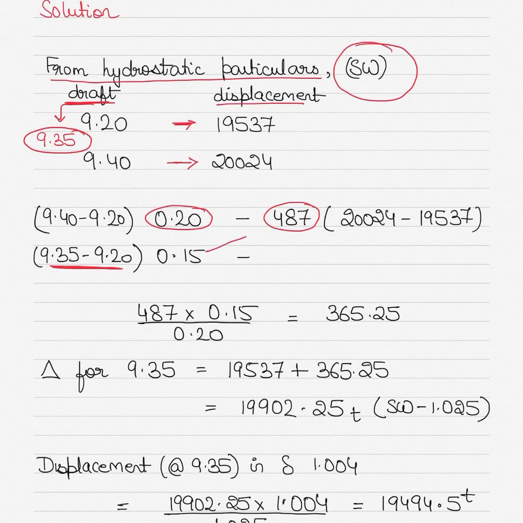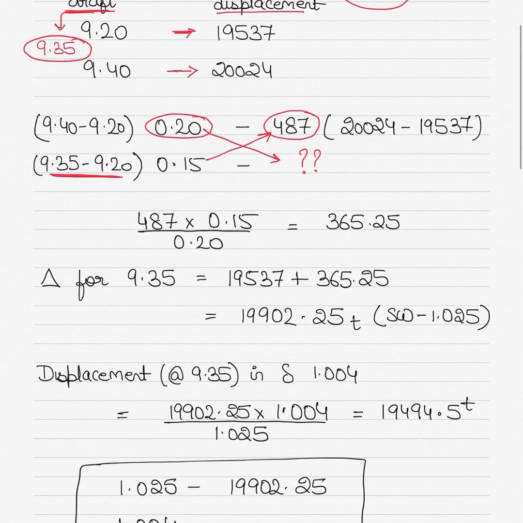So you would multiply this by this and divide it by this value here, because this is unknown. The equation you get is 487 times 0.15 divided by 0.20, and you get 365.25. Now this is the correction value that you will apply.